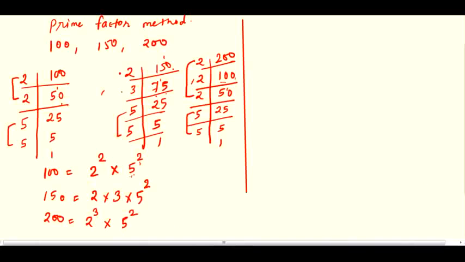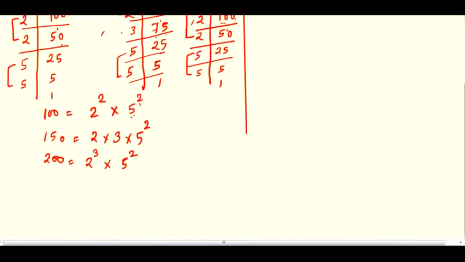Now we are having here 2, 3 and 5. These 3 numbers we are having here as factors. So you have to write the greatest power of each. Required LCM equals 2.